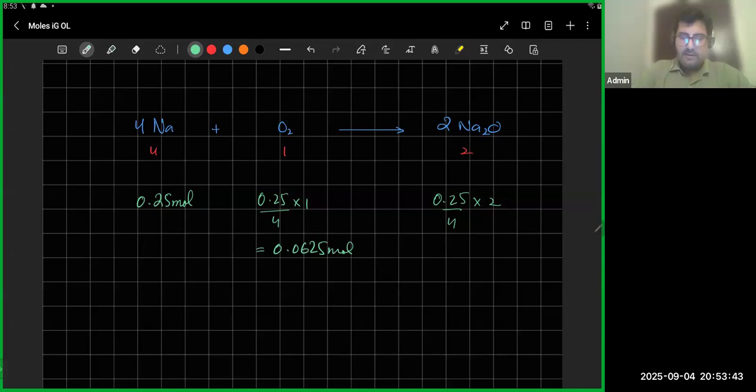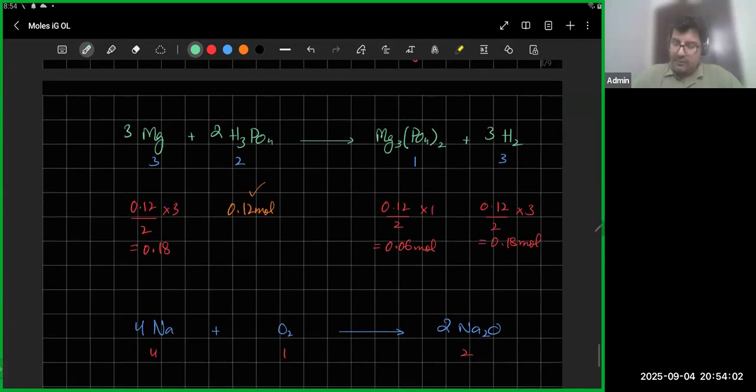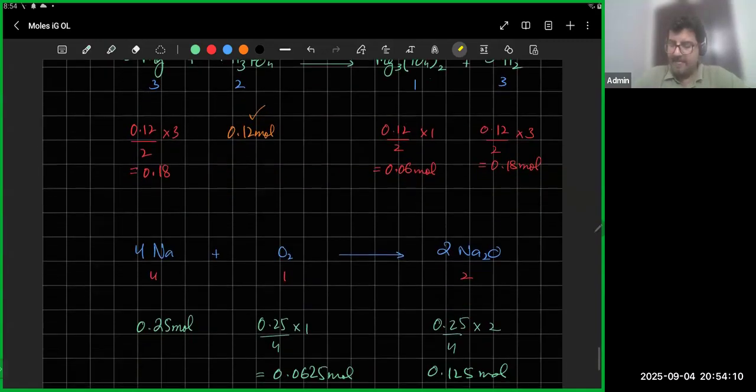And what is 0.25 divided by, वो भी 4 है? अच्छा नहीं, वो 0.25 divided by 4 times 2, and that is 0.125 moles. You guys remember, this was what we were doing last time. If you know the moles of any one of the things, you'll be able to figure out the moles of the rest of the stuff, right?